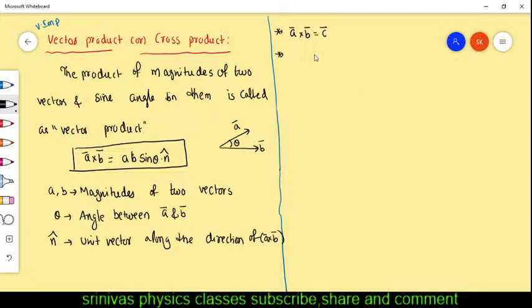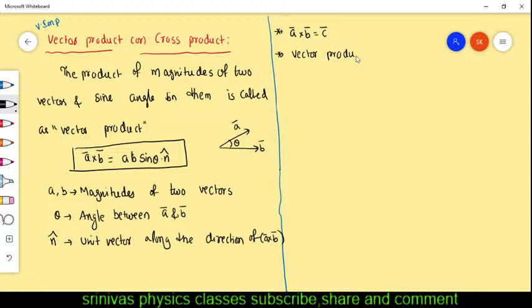You will get clarity within a few seconds if you have little confusion, and this is linked with the previous topic also. When you multiply the two vectors, you will get another vector, that is c bar. Vector product is the cross product of two vectors.